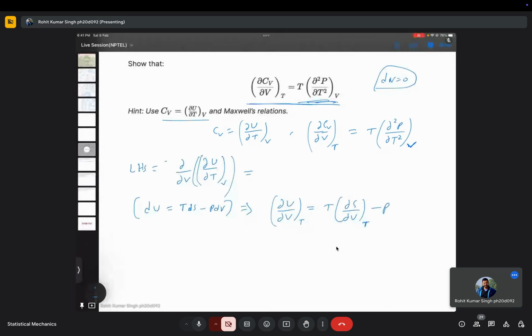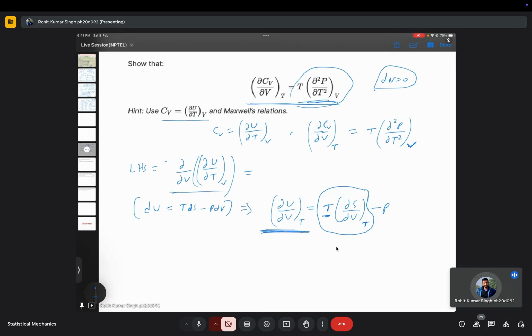So you have something here that resembles this right hand side. It's not completely that, but it's temperature times something. So we know that we can use this, but from the LHS we have this thing.